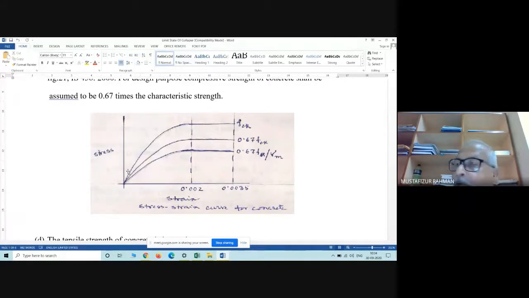So that particular curve is the design curve. But remember, strain remains constant. Stress is reduced.